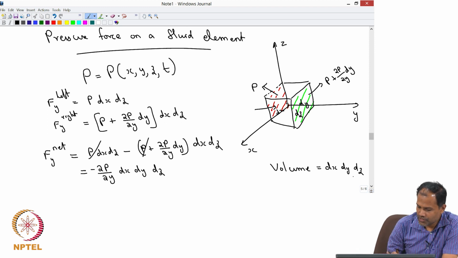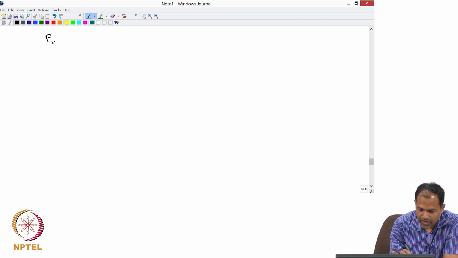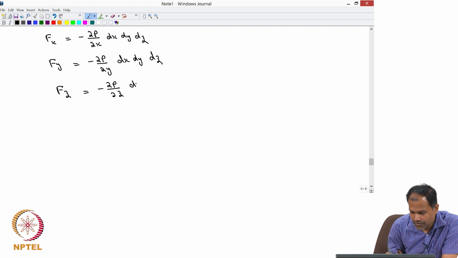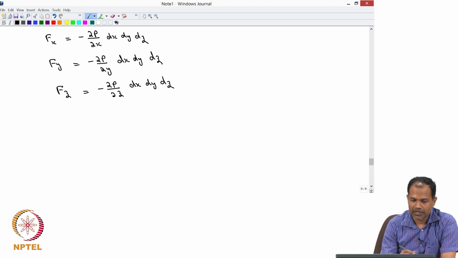We can do the same exercise and then you find that fx is given as minus dou p by dou x into dx dy dz, fy is equal to minus dou p by dou y into dx dy dz, and fz is equal to minus dou p by dou z into dx dy dz. So, in the given coordinate system, these are the forces that are generated.